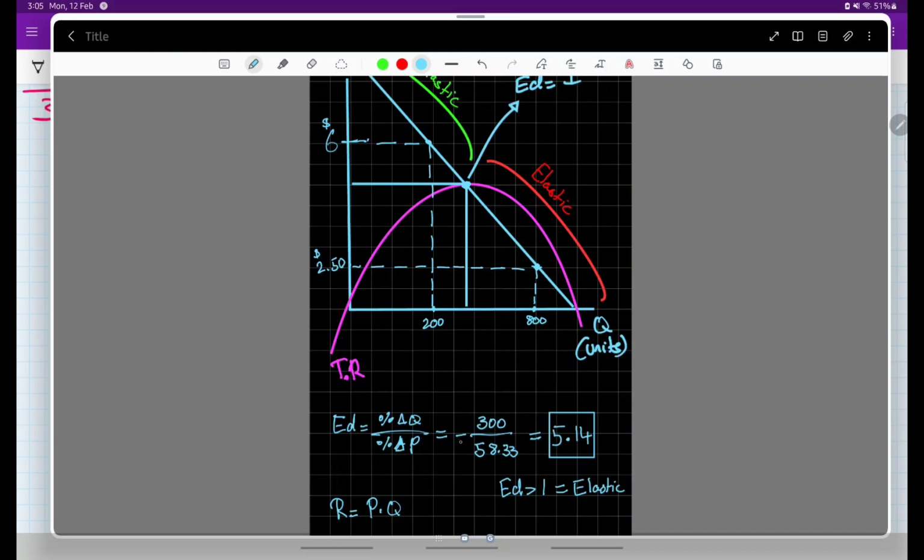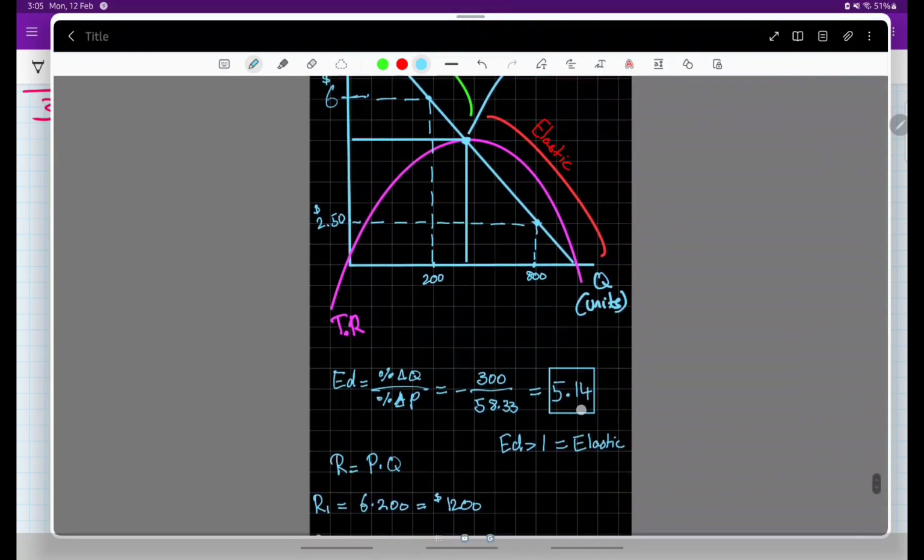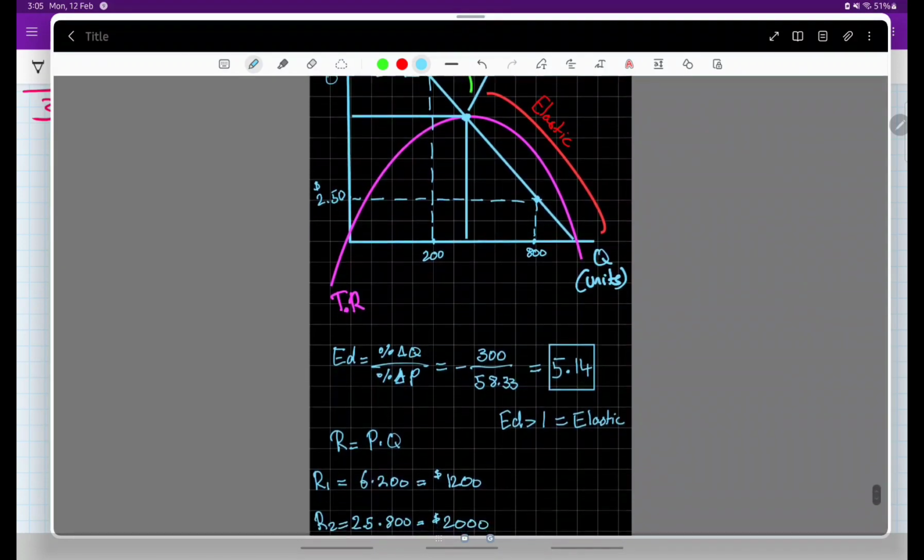There is a negative there, but for elasticity of demand, you take the absolute value, and you get an elasticity of demand of 5.14. Elasticity of demand is greater than 1, or price elasticity, which means it is elastic, which is what you would expect when you're serving coffee at a university with such a decrease in price.